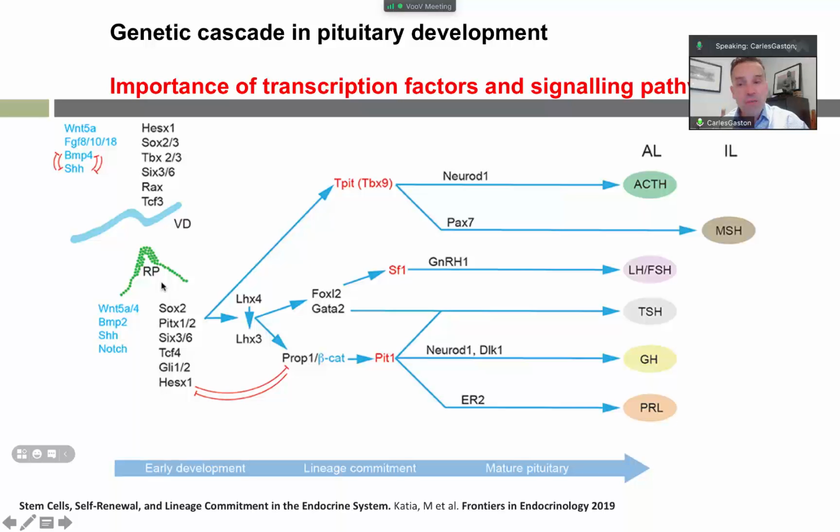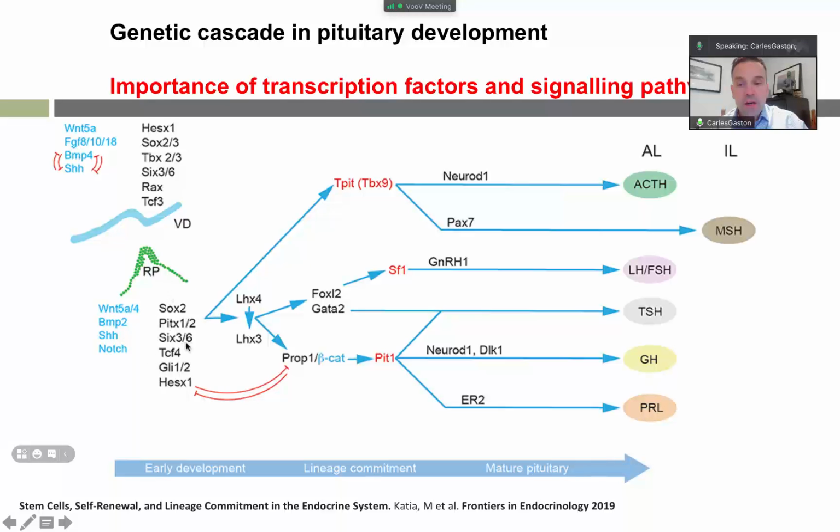Then we have genes which are important for stemness, like for example SOX2, PTX, Wnt factors, and GLIs, which are important in the stem cells to trigger a cascade of differentiation factors.